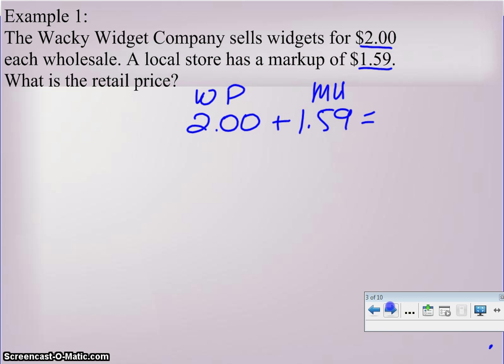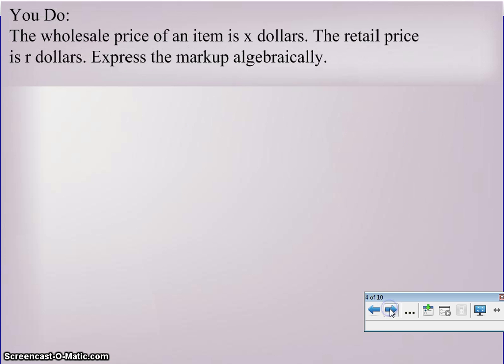So $2 plus $1.59. The retail price for this particular widget is $3.59. All right, go ahead and press pause, solve this, come back, and we'll work it together.